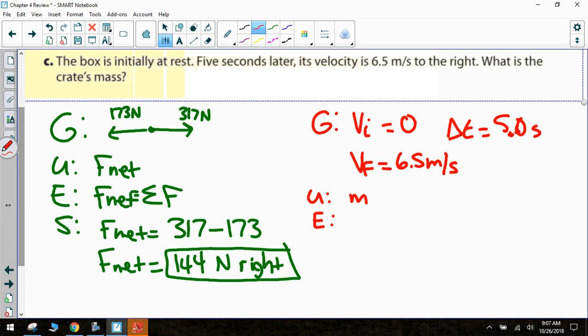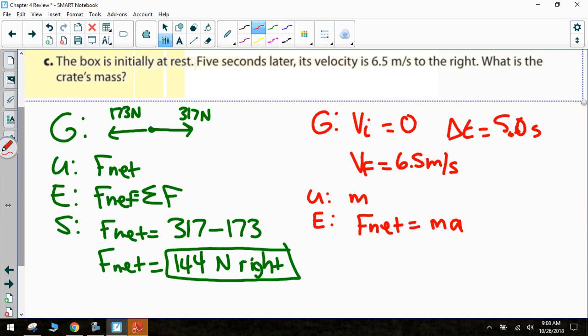You know the F net. Okay, so we know that F net is equal to the mass times the acceleration, right? F net equals ma. Okay, so I already have F net, right? I'm looking for mass. Is there an equation that relates the acceleration to V final, V initial, and delta T?